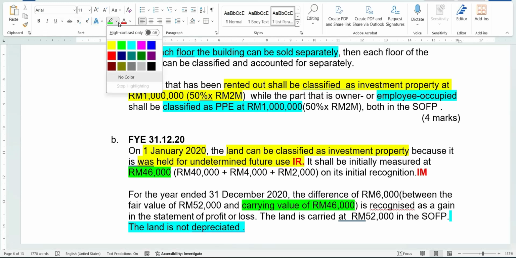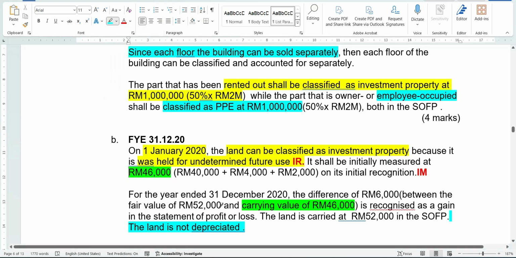Fair value 1 here is the one in blue. If you compare, you can see that fair value exceeds the carrying value. So the difference, which is 6,000, will be recognized as gain.